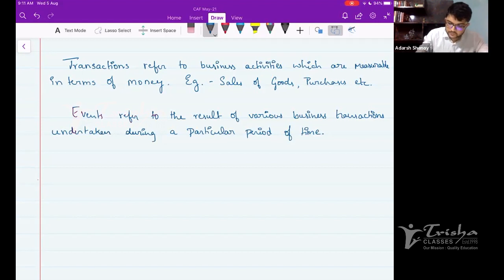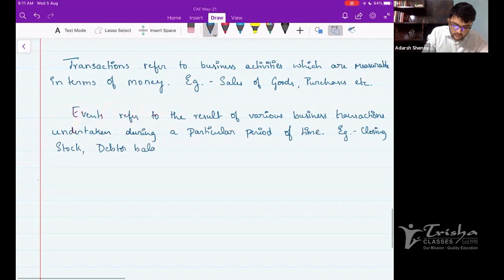Example, closing stock, debtor balances, etc.